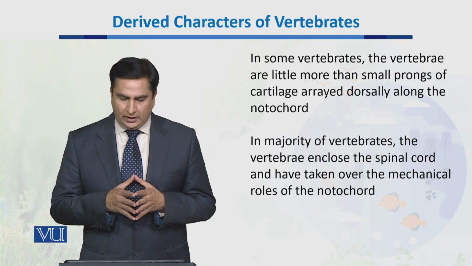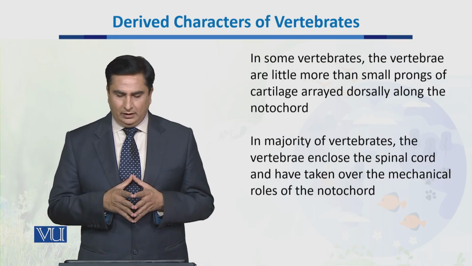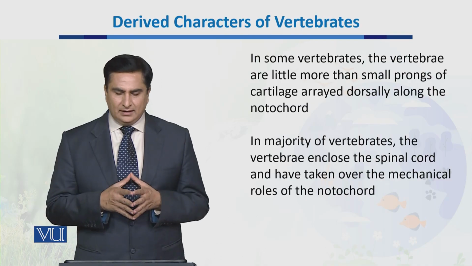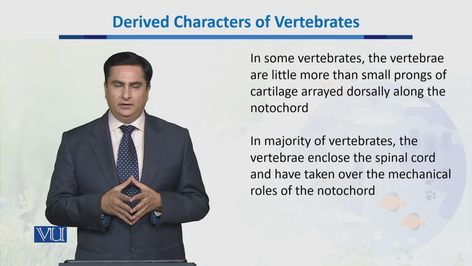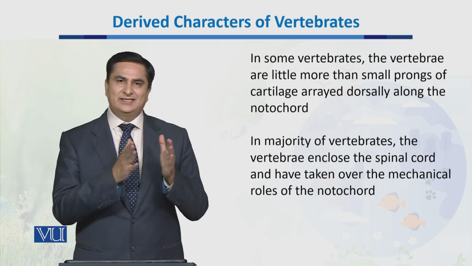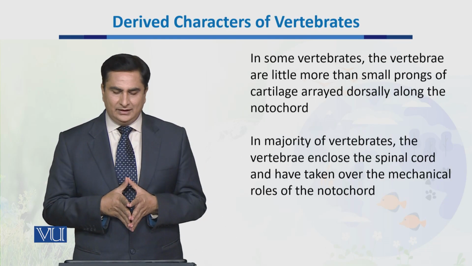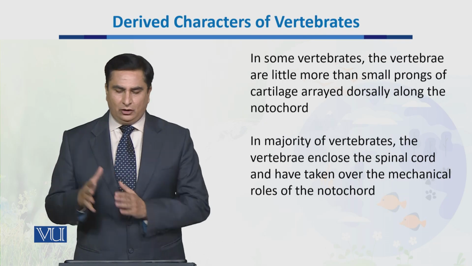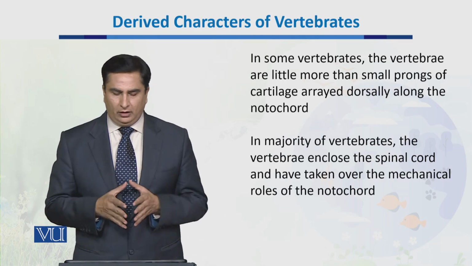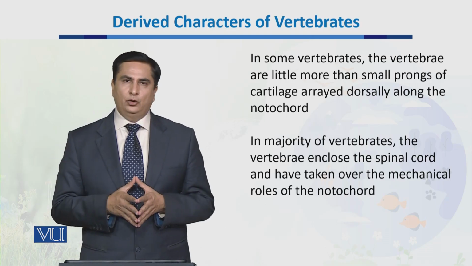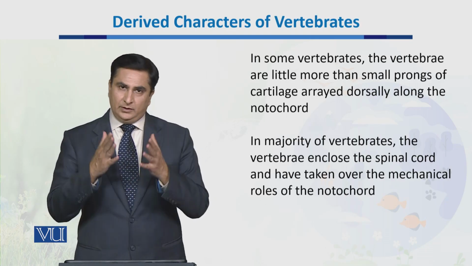In some vertebrates, the vertebrae are a little more than small sponges of cartilage. Instead of bones, they are small sponges of cartilage, which are arrayed dorsally along the notochord. The majority of these vertebrae enclose the spinal cord, which is the backbone.